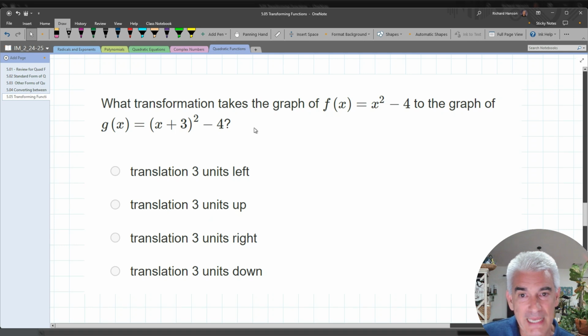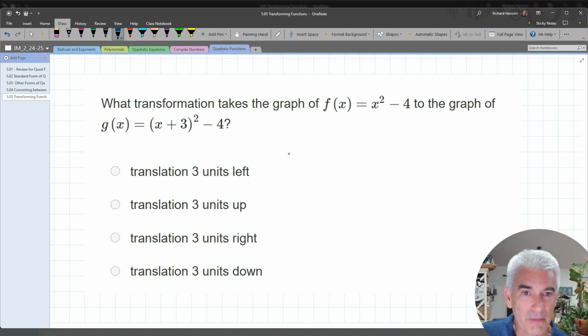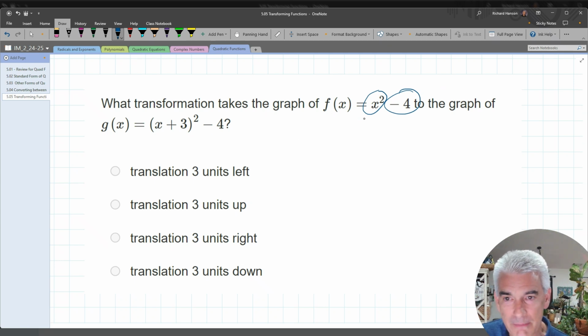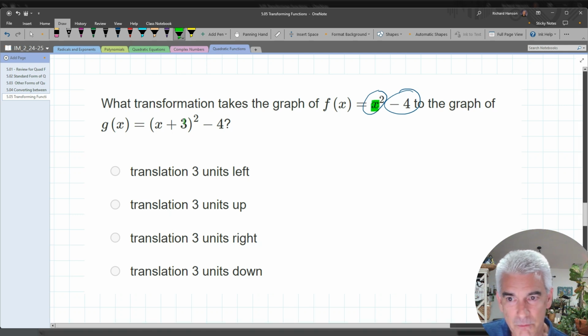What transformation takes a graph of this, x squared minus 4, by the way, it's a normal parabola shifted down 4 units, shifted because it's added and subtracted, to the graph of this? The only change they made is they replaced my x's with x plus 3's. So what happens when you replace all your x's with x plus 3's?